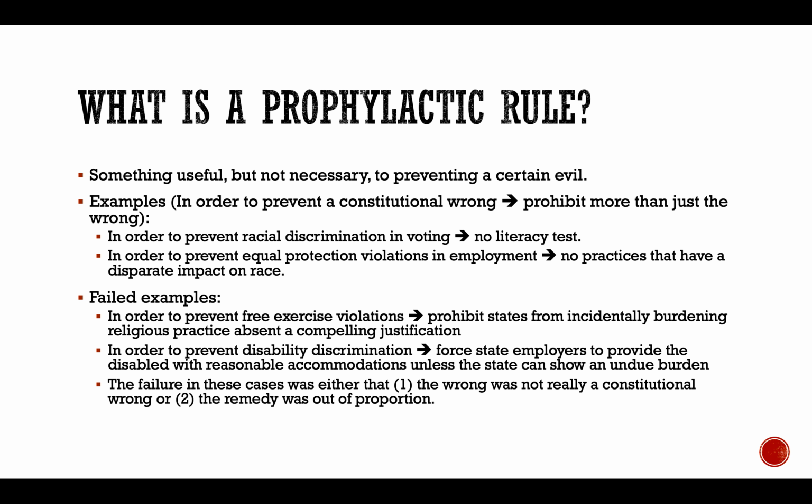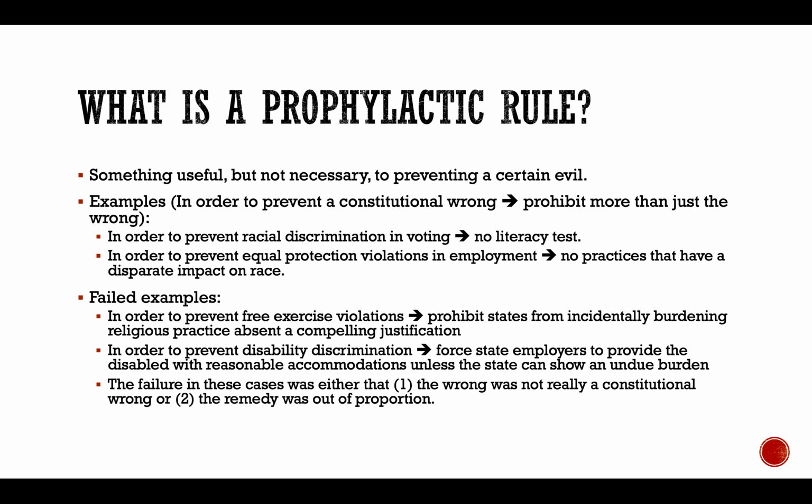In order to try to prevent deaths on the road, and I'm imagining a state legislature here, it would clearly have the right to have that as a good end goal. In fact, you would hope that every state legislature has that as an end goal. So let's say they say, in order to prevent deaths on the road due to reckless driving, we know that if you drive slower, you're less likely to be reckless.